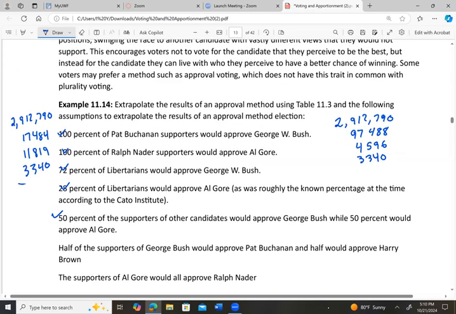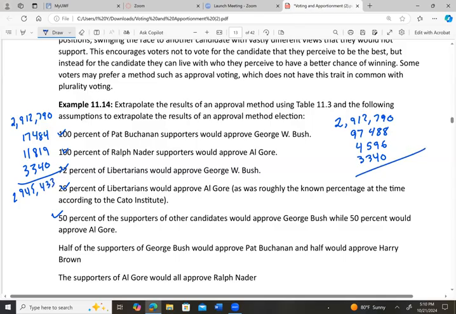Okay, so let's do this. Let's add this up. So I have plus 17,484 plus 11,819 plus 3,340. So 2,945,433.